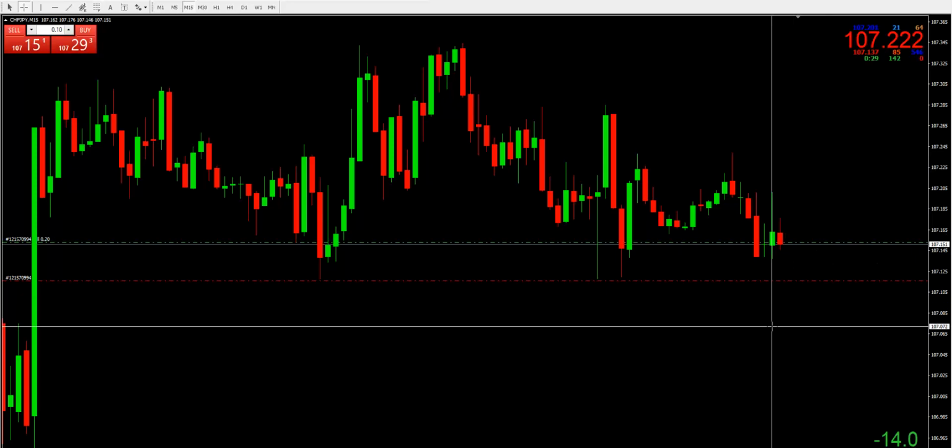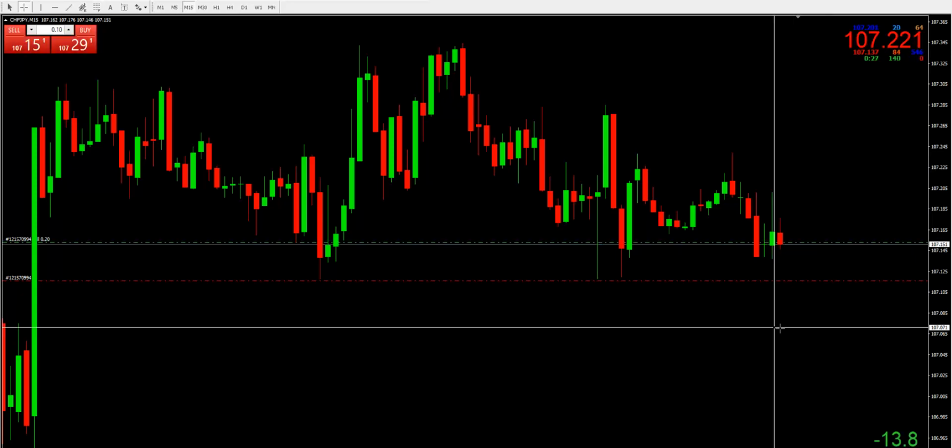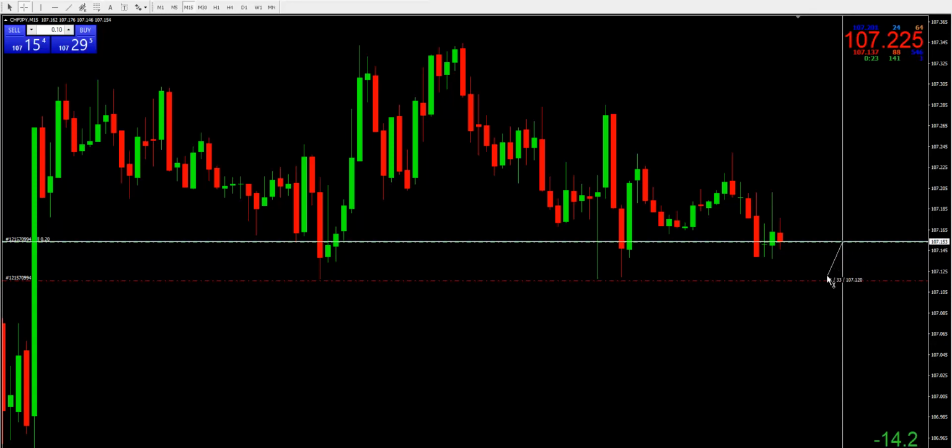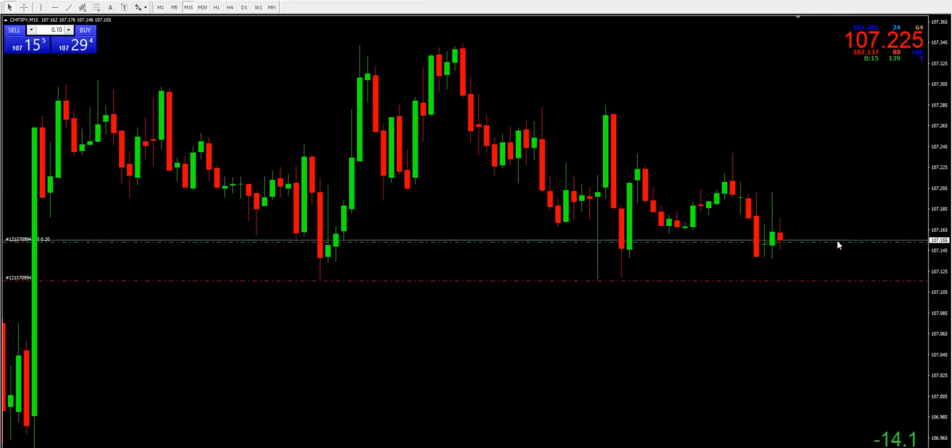Now it's a 3 pip take profit, if you like, but before I moved it, it was actually a 1 pip take profit or so. And even though it was 1 pip, you can see here it shows on the pipsometer, or the pip counter, that I am currently over 12 pips.